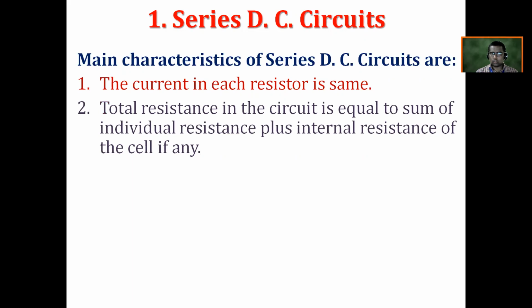Number two, total resistance of the circuit. Right now we have discussed these things. Total resistance, which can be denoted by R equivalent, R total, or RS, the series resistance of the circuit, is equal to the sum of individual resistances plus internal resistance of the cell, meaning the energy source, if any.